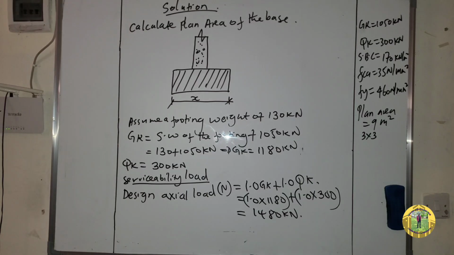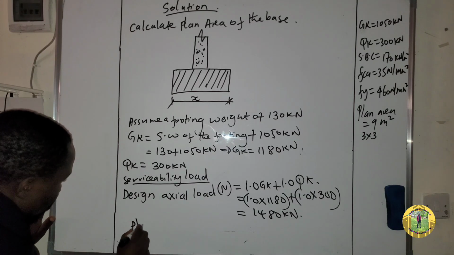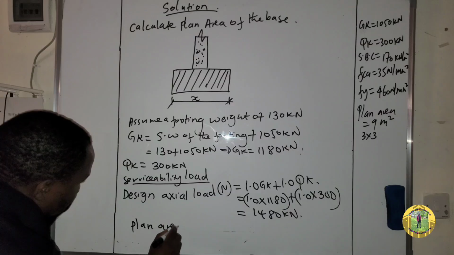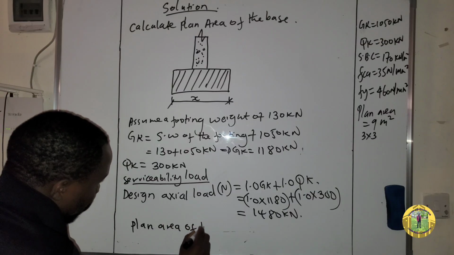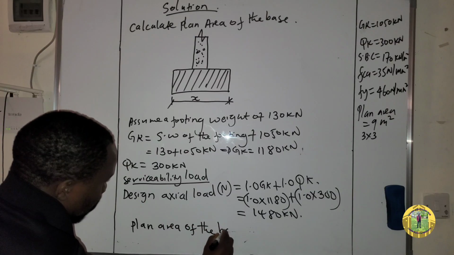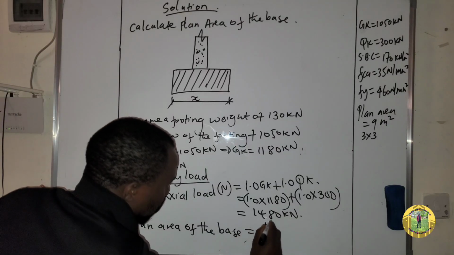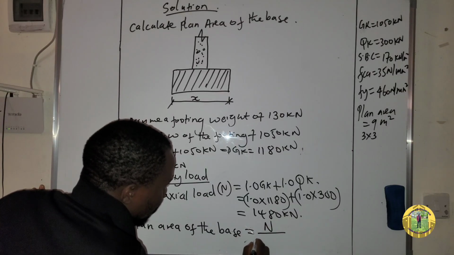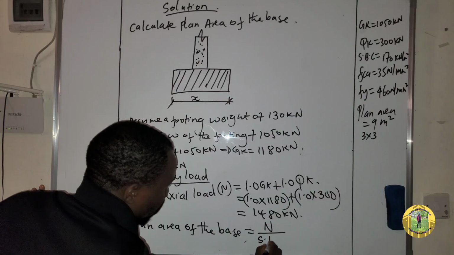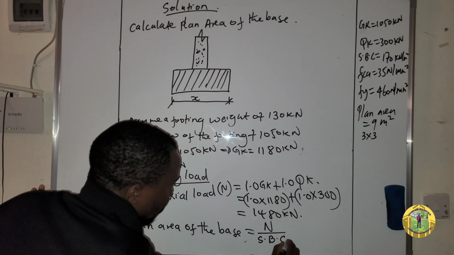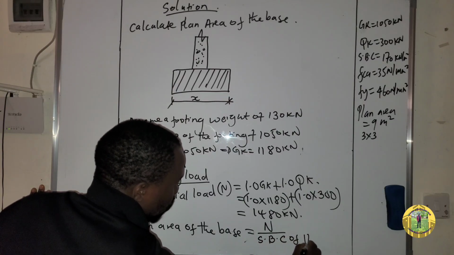So plan area of the base is equal to N over self bearing capacity of the soil.